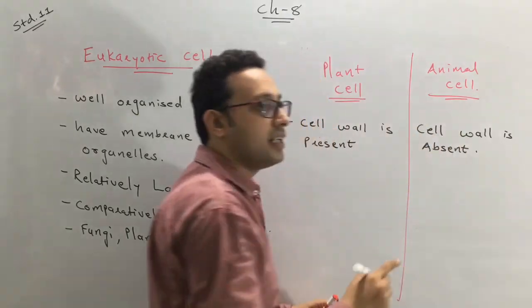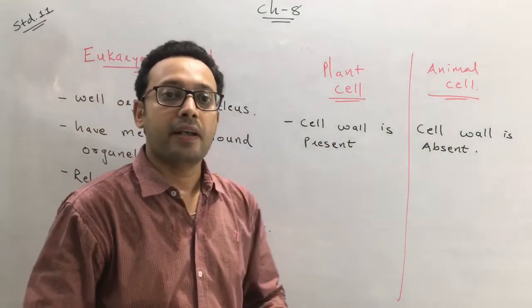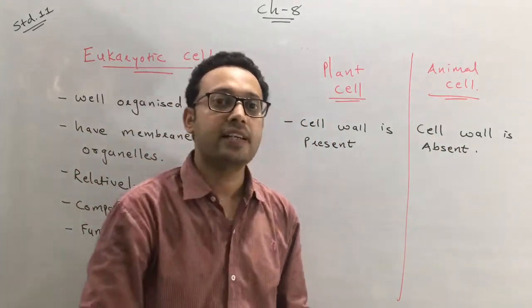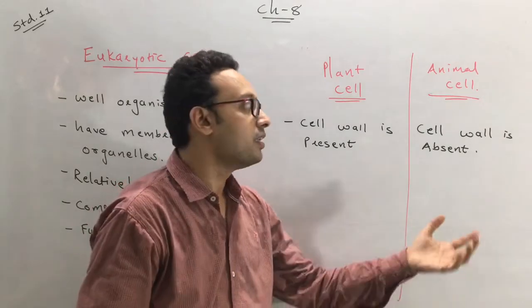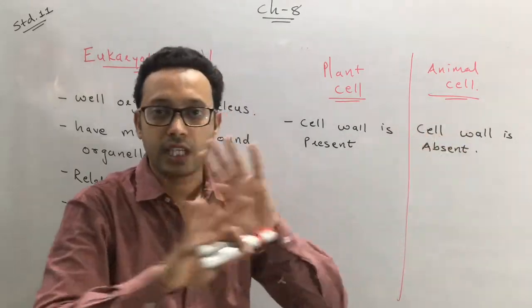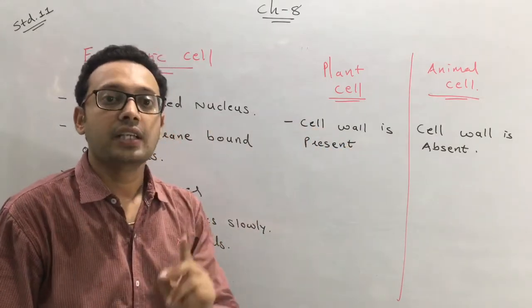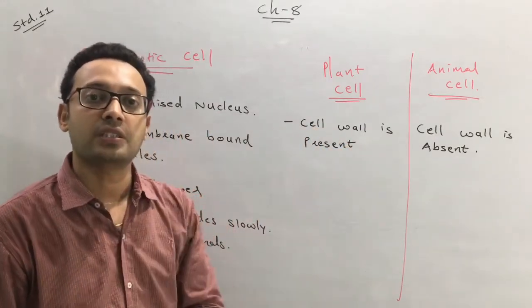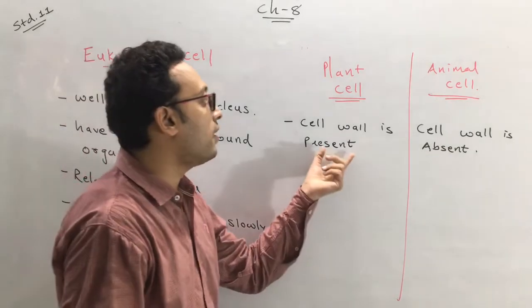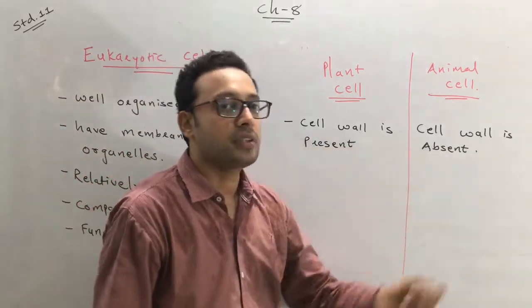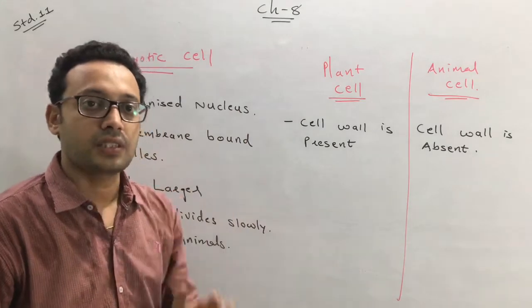You have already learned in the cell theory that the animal cell has a single layer around it, and that is the cell membrane. They don't possess a cell wall. But yes, the plant cell possesses a cell wall, and even the bacterial cell also possesses a cell wall. So cell wall is found in a plant cell, but it is absent in an animal cell. This is the first difference.